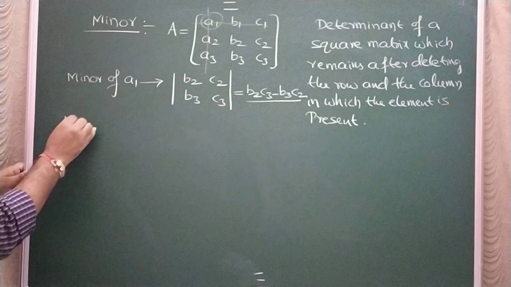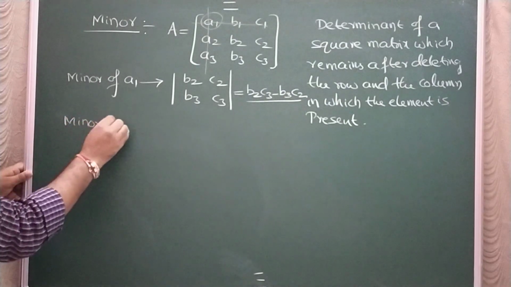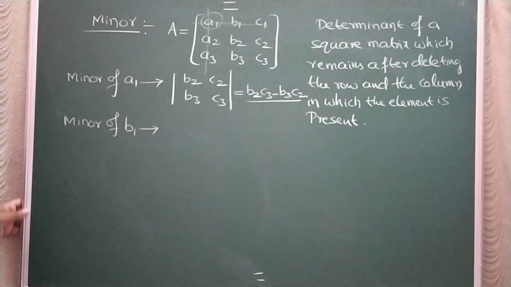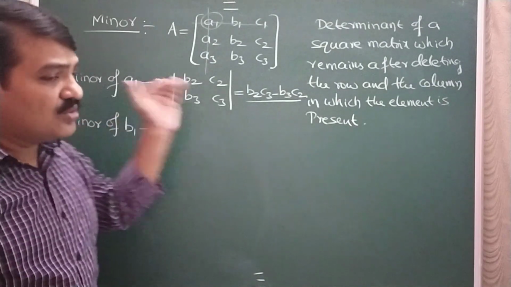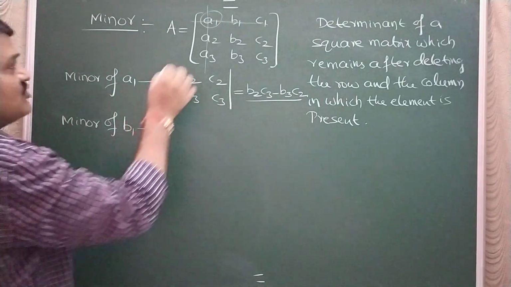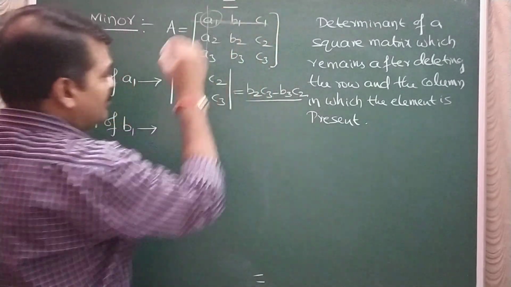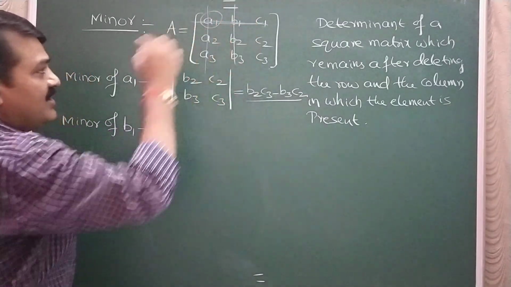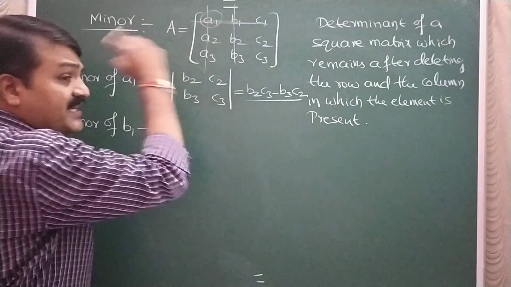Like that we can discuss some more elements. If I want the minor of b1, you delete the row and column in which b1 is present. That means we have to delete the first row because b1 is in the first row, and the second column because b1 is in the second column.